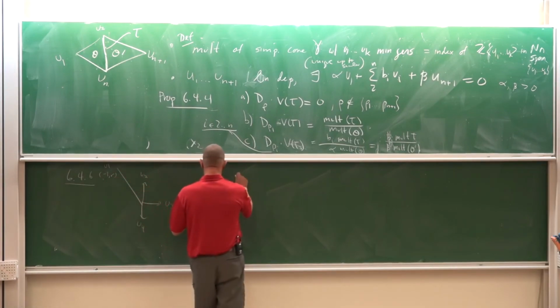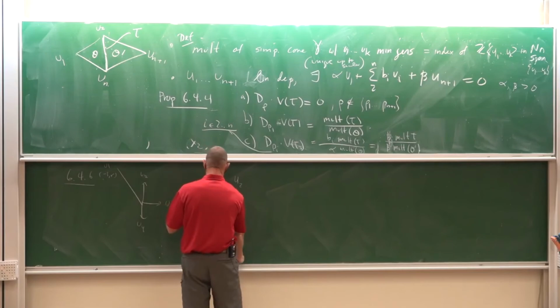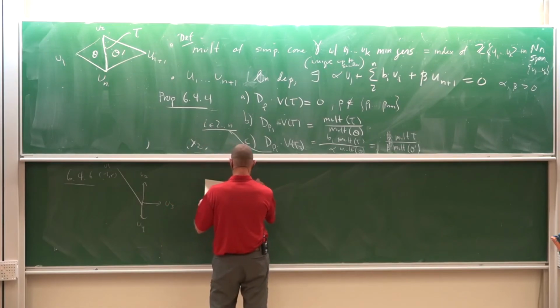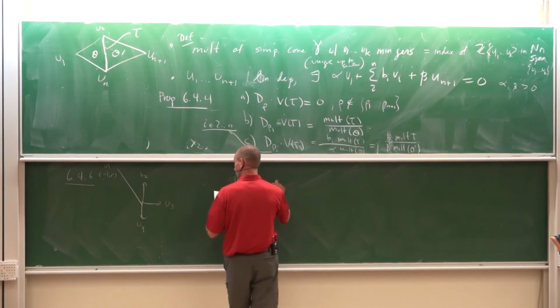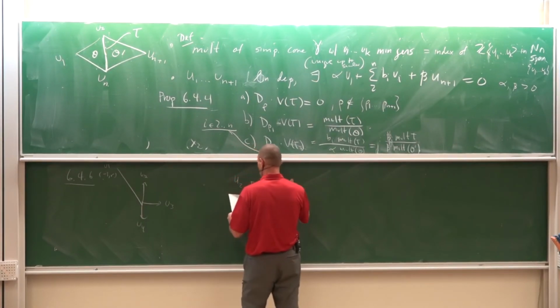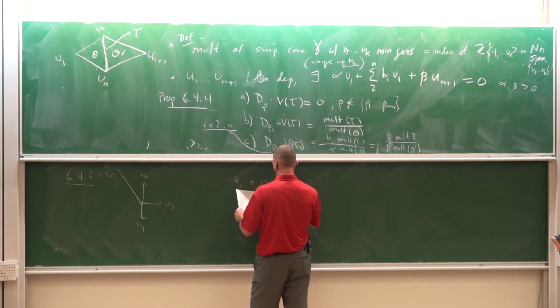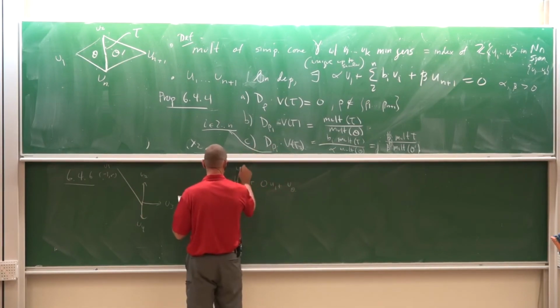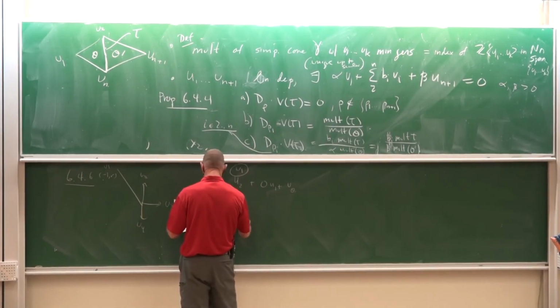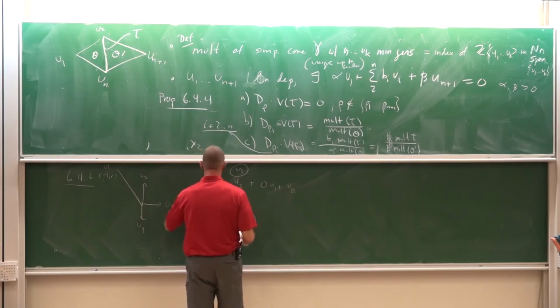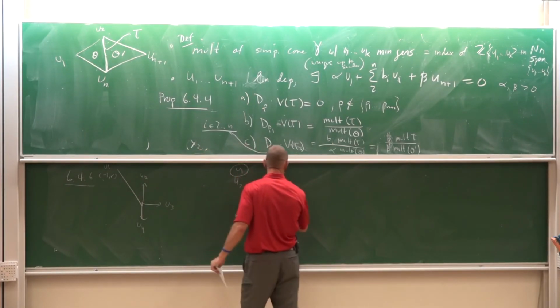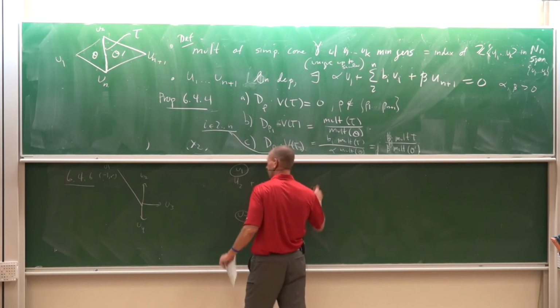So I get U2 plus 0 U1 plus U4 equals 0, right?